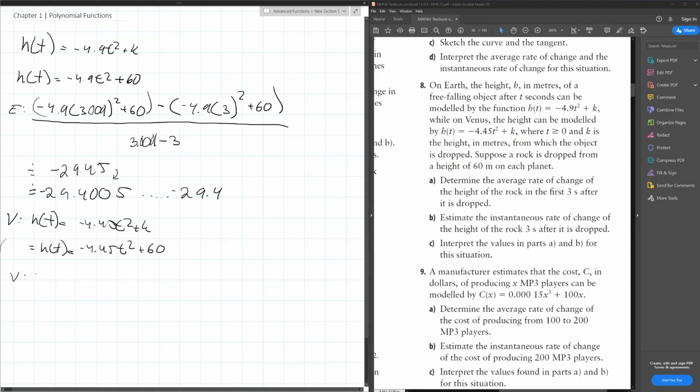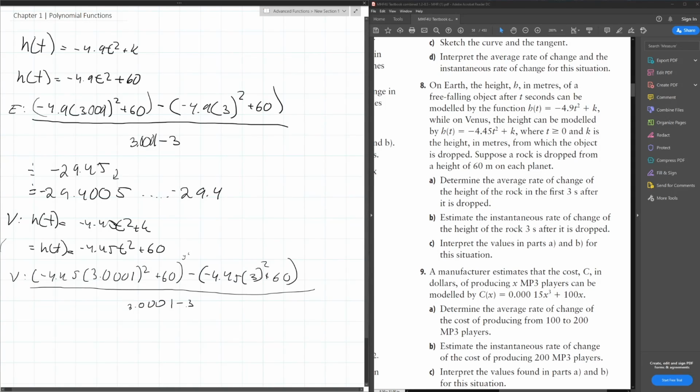Venus is negative 4.45 times 3.0001 squared plus 60, this is y2, minus negative 4.45 times 3 squared plus 60, all over 3.0001 minus 3.